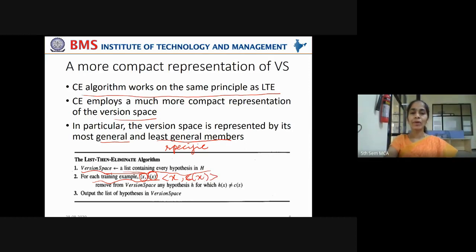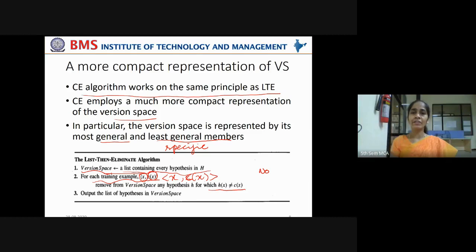Now for each training example, X and C of X, remove from the version space any hypothesis H for which H of X is not equal to the target concept, meaning wherever the output label is equal to no, you remove that particular hypothesis which explains that training example, because your machine is trying to learn only the target concept yes.